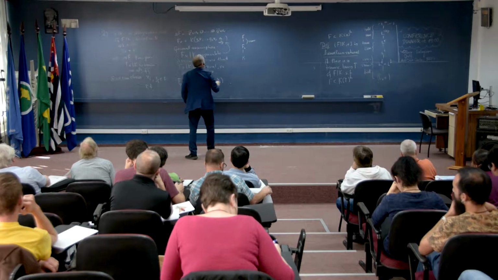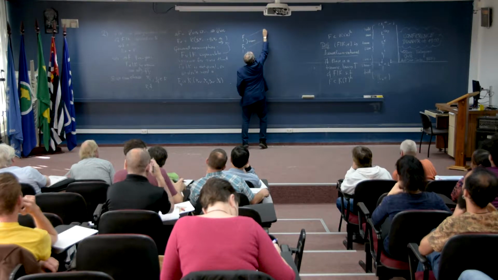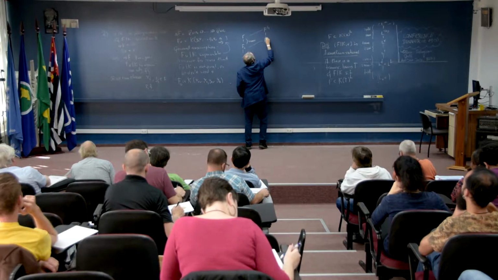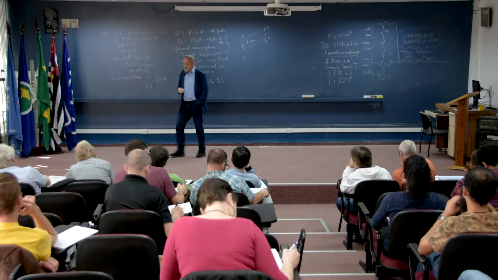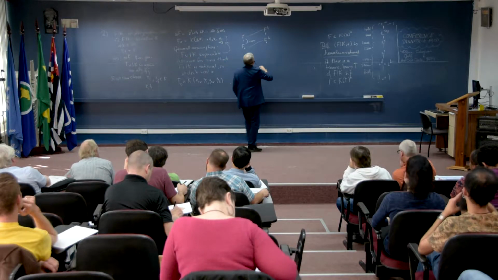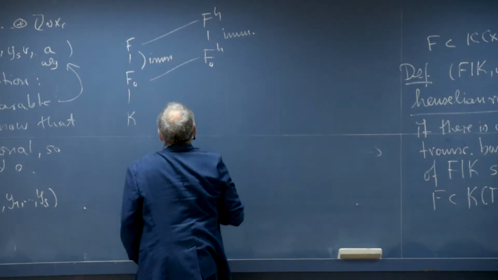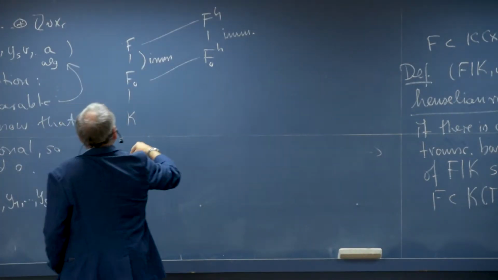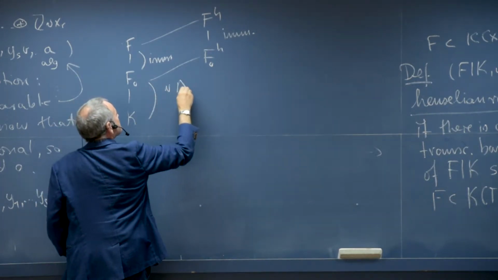Yeah, and we play the same game as before. Take a Henselization of this in the Henselization of F, and we get that this here is immediate. But here the valuation is Abhyankar.